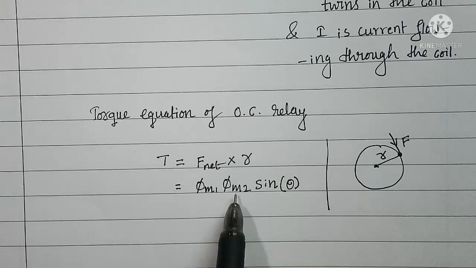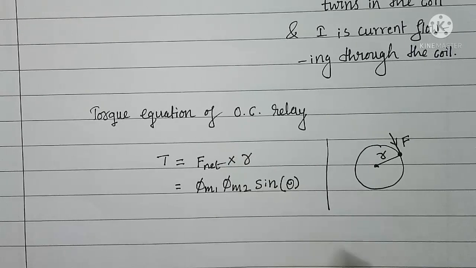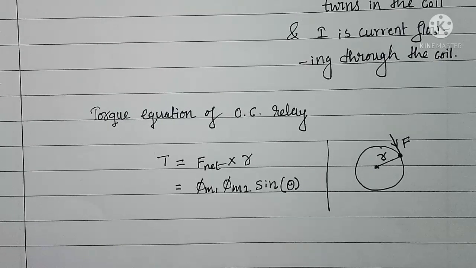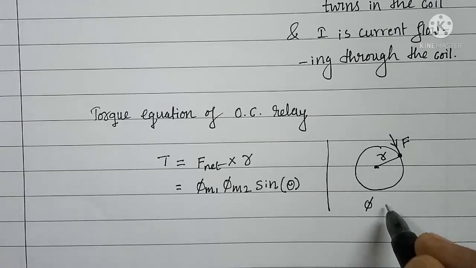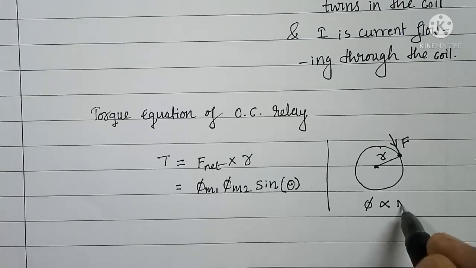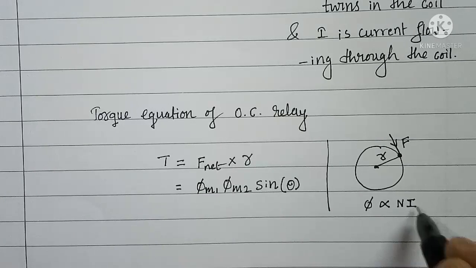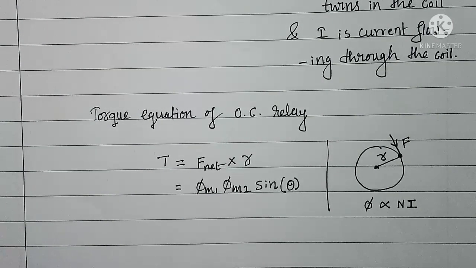But phi m1 and phi m2 are proportional to the current flowing through the coil, because we know that flux is proportional to the product of number of turns and current.